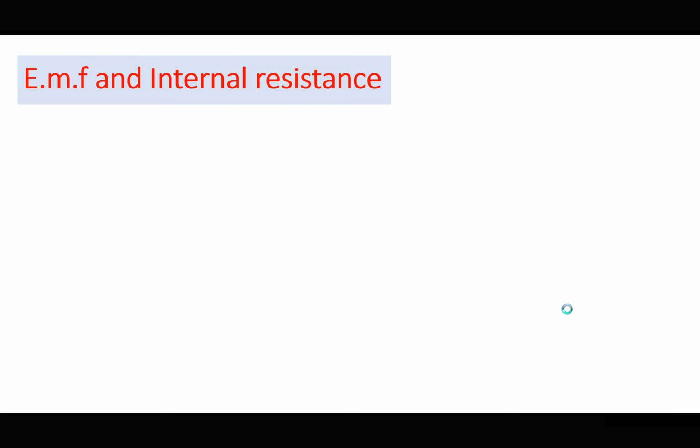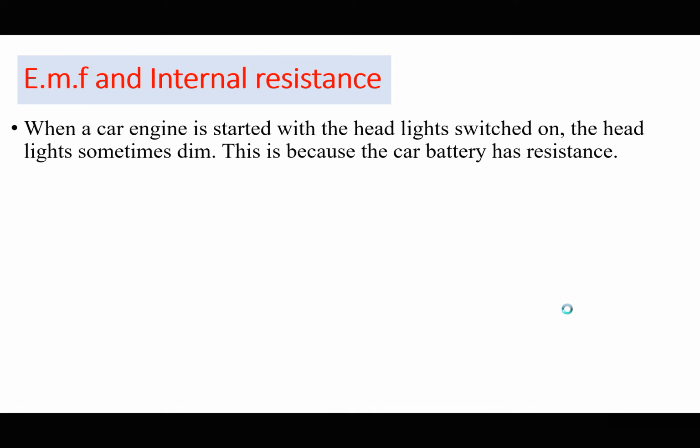Devices, batteries and power supplies may have what we call internal resistance, which we are going to explore in this lesson. You can try to observe this, especially at night. Switch on the headlights of the car and then start the engine. You will notice that they will sometimes first be dim.